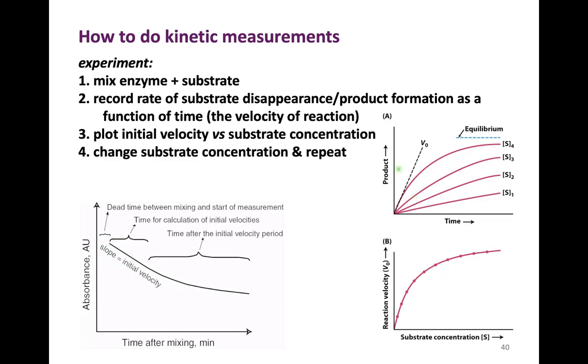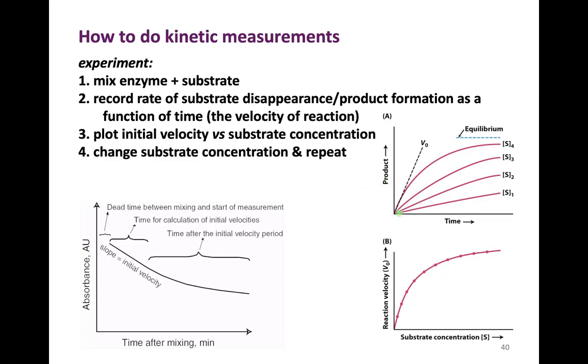So if we look at another example here, the product is the species that is absorbing at a particular wavelength that we're following as a function of time. Okay, so what we're plotting here is product as assessed by absorbance, for example, as a function of time.